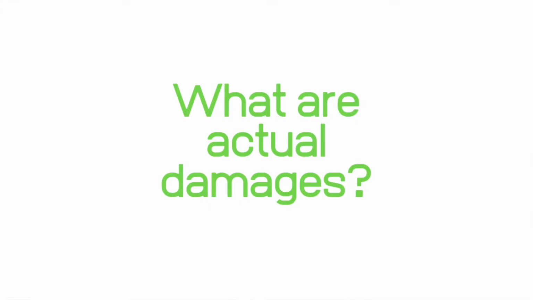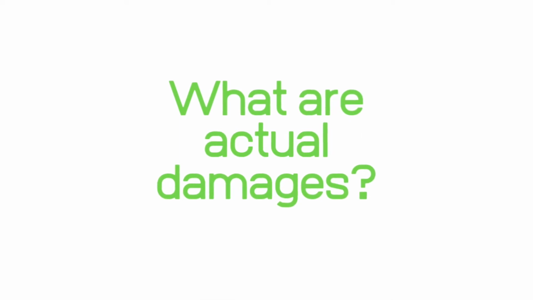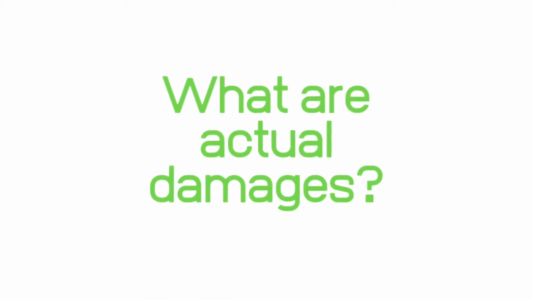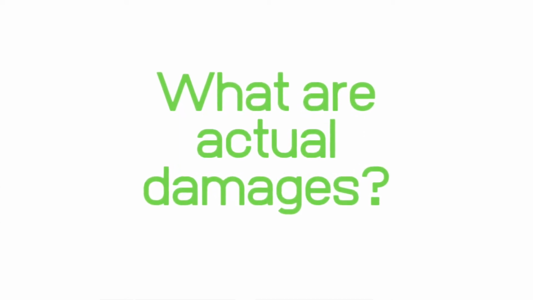Okay, so let's talk about actual damage. Actual damage are things like you have a big hole in the wall because a tenant got mad and punched a hole in the wall. We've seen that happen. It can be things like crayons or markers written all over the wall. We've seen that happen. We had one tenant who was very, very nice. He let his child write with marker and crayon all over the walls, all over the place.